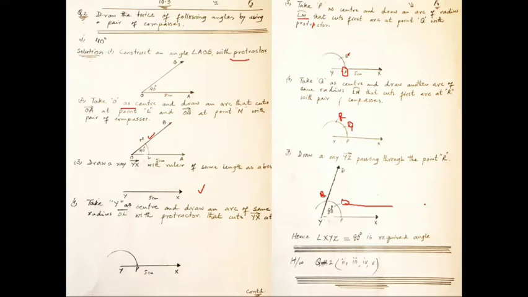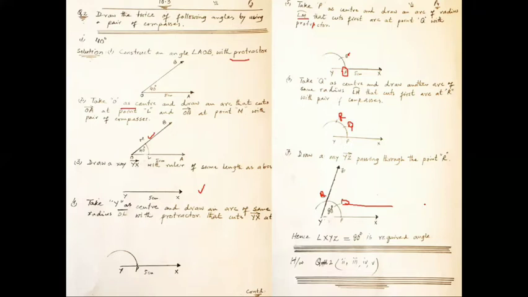Draw twice the following angles by using a pair of compasses. First two steps, draw the actual angle. Third step, you will start the required angle, which will be twice the first angle. Draw YX of 5 centimeters.